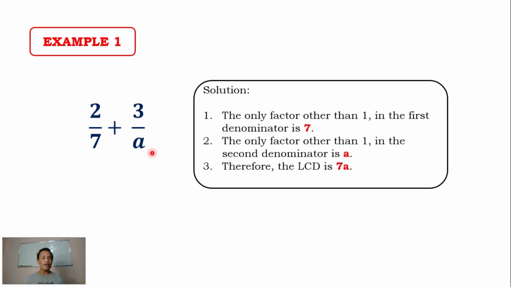So the only factor other than 1 in the first denominator is 7, and the only factor other than 1 in the second denominator is a. Since there are no other common factors, we consider both denominators, 7a, as our LCD. So our least common denominator for this example is 7a.